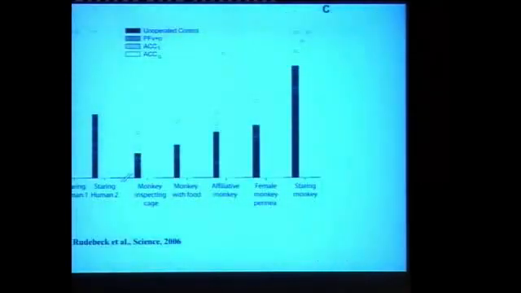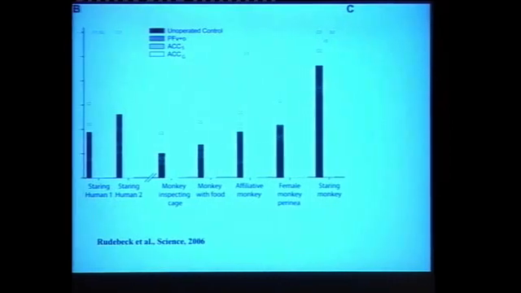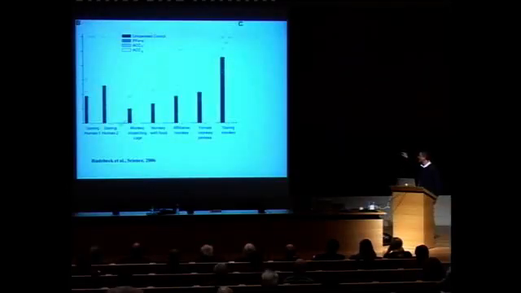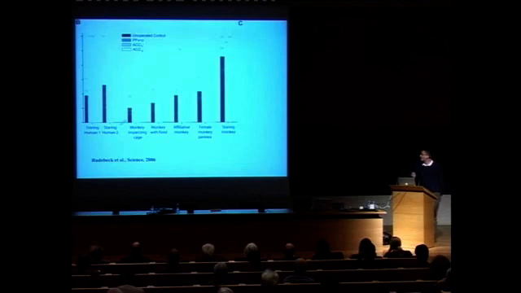And just another quick slide on that result. It's interesting to note what I'm plotting here is the amount of time the monkeys will wait before taking that food reward. And on the bottom, I'm plotting various different monkeys that are shown to them in the background. And you can see that a staring dominant monkey makes them wait a long time. A female monkey perineum, which is the scientific name for the genital organ of a female monkey, makes them wait a long time.